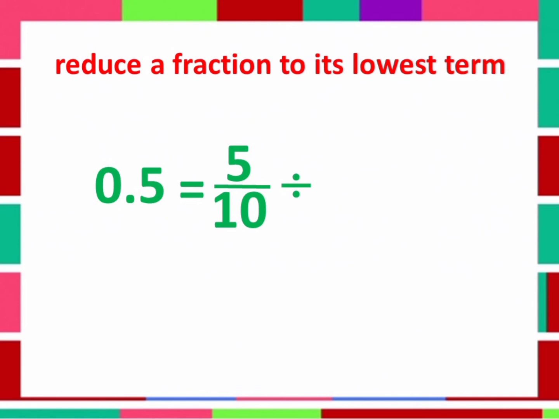Yes, 5, because 5 over 10, the numerator and the denominator, are both divisible by 5. So, 5 divided by 5 is equal to 1, over 10 divided by 5 is equal to 2. So, 0.5 is equal to 1/2.